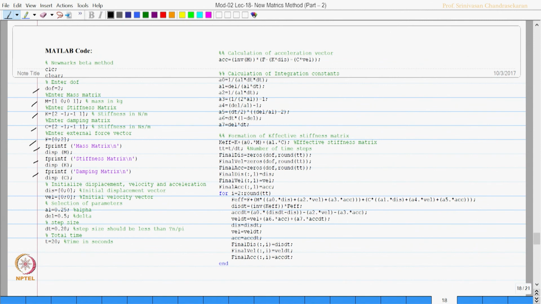We gave the initial displacement and velocity as 0, we computed the initial acceleration, we also fixed the alpha and beta value for the scheme, we also took the time step, we want to do it for a total of 20 seconds, we calculated the integration constants, then we computed the k effective k hat matrix, then found out for a scheme of iteration the velocity, displacement and acceleration as you see in the scheme.